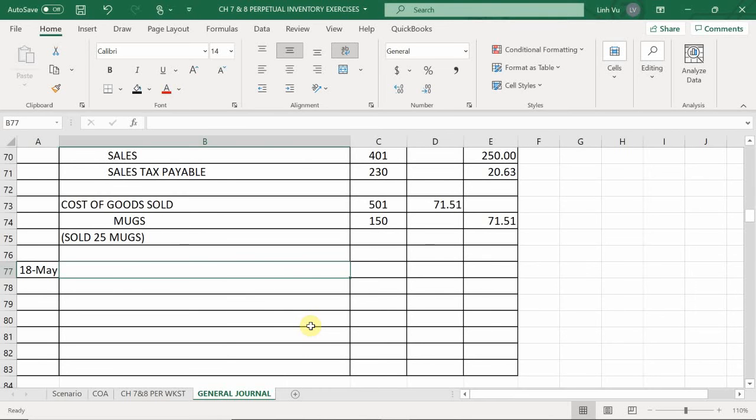So if they're trying to pay off what they owe us, how should we journalize this?